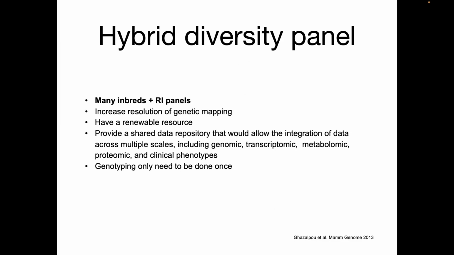So instead of having 30 strains, by creating these hybrid diversity panels, we get to 100 strains. And one of the things that makes me real excited as a statistician is that by adding these RI panels and these inbred strains, we get that boost in power. For many of our loci, we have very high minor allele frequencies, but by throwing in those inbred strains on top of those two RI panels, we can break down some of those haplotype blocks.